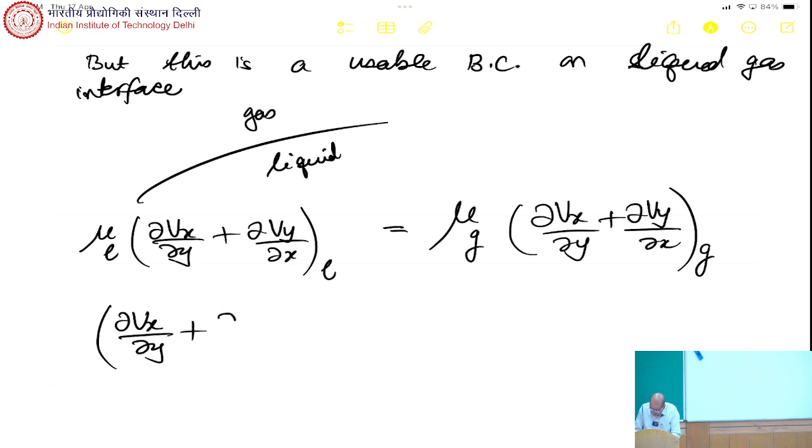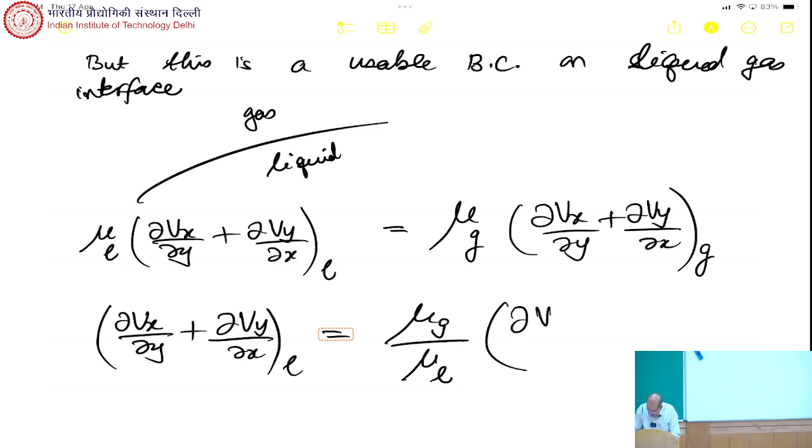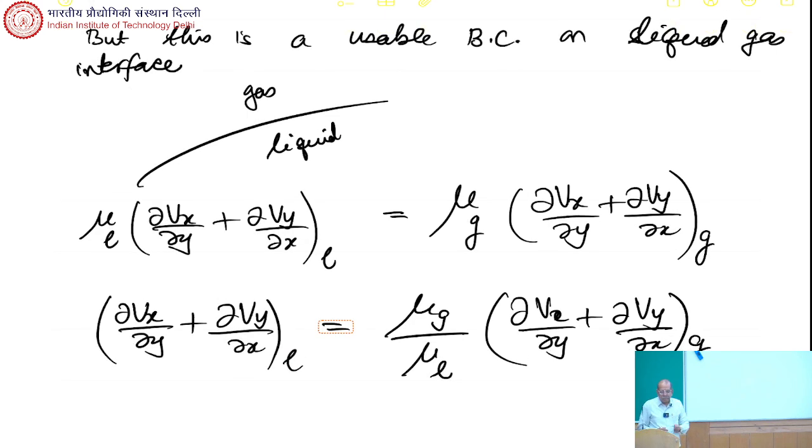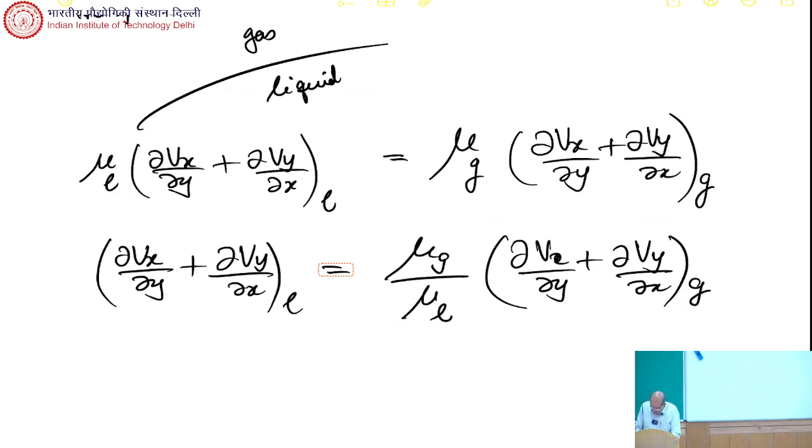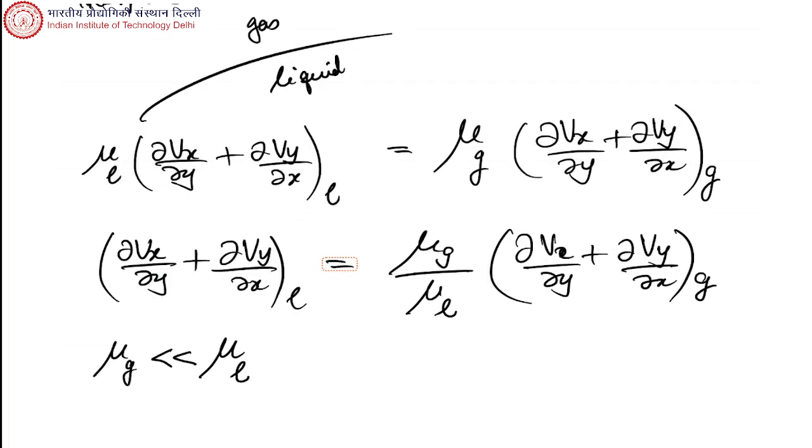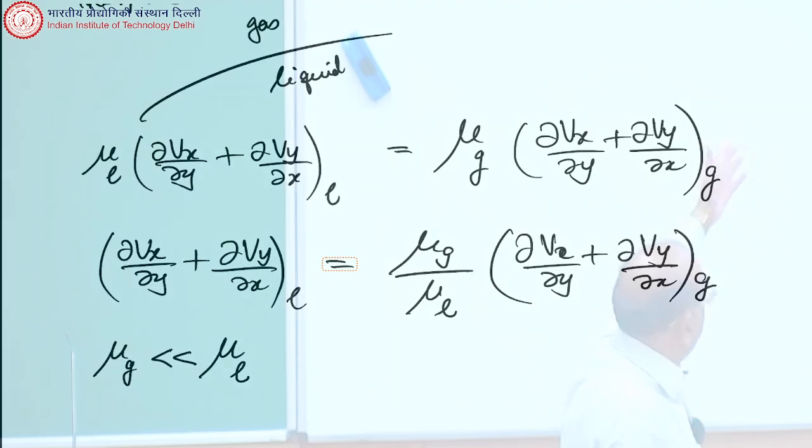partial Vx by partial y. All I have done is taken the mu on the other side, and there now we use, what we find is, and if you remember in the last class I gave you the numbers for water and air, and we found that viscosity coefficient for water was about 1000 times the viscosity coefficient for air.